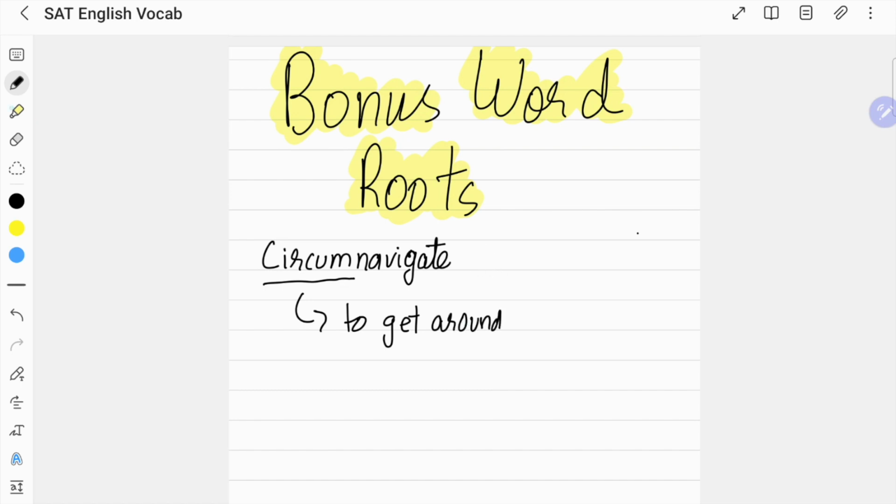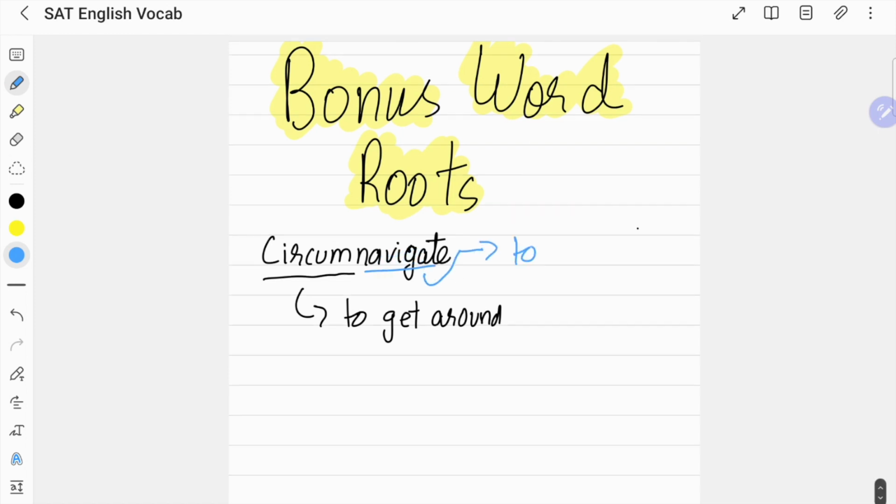Alright, and the word navigate, using directions to get somewhere.